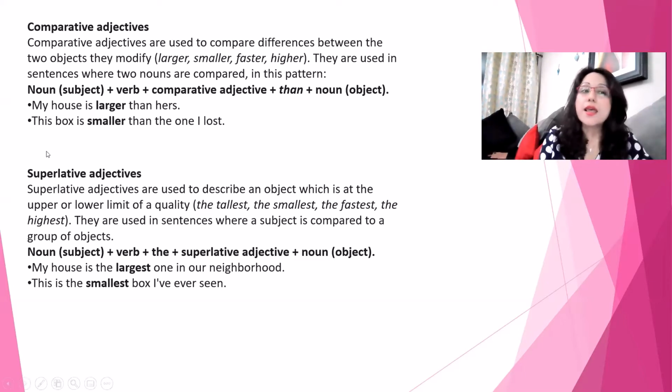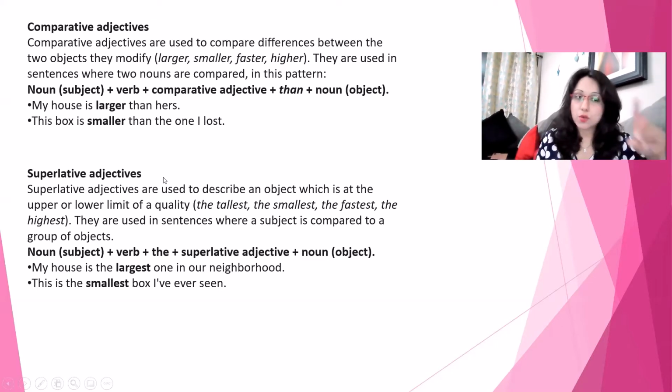Okay, now we come to superlative. And when do we use superlatives? So always remember, you use your superlative when you are comparing more than one thing. Okay, so two things, I'm sorry, more than two things. So let's say here, if you say my house is larger than hers, you are just comparing two with your comparative.